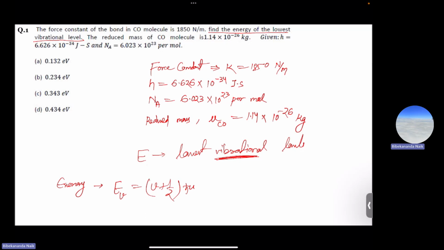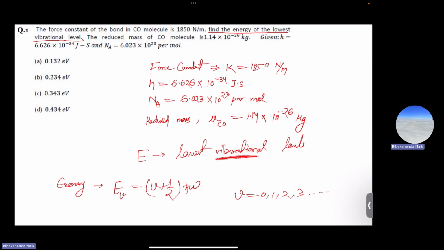In order to find the energy of the lowest vibrational level, we will obviously take the lowest value of v. The value of v varies from 0, 1, 2, 3 up to higher values.